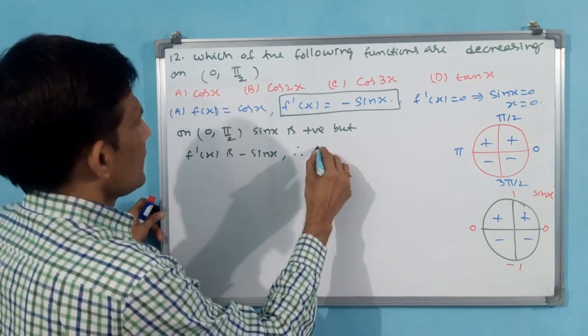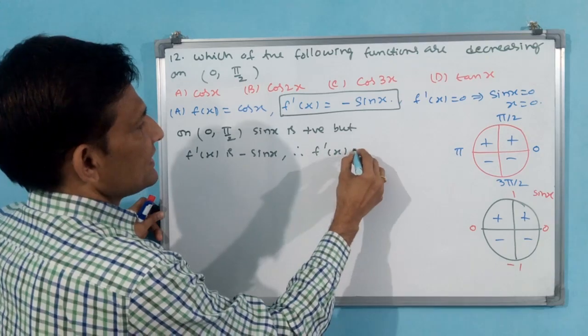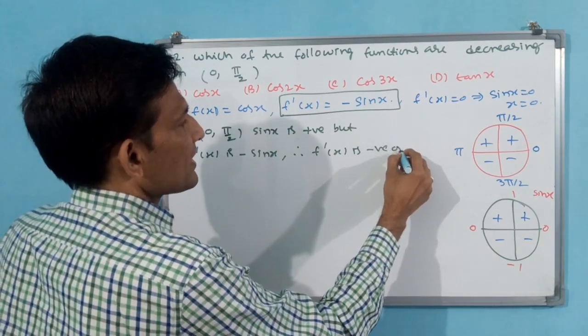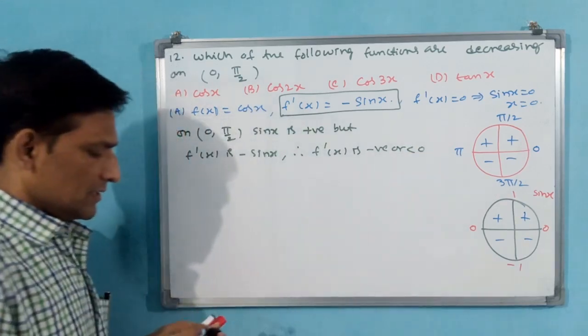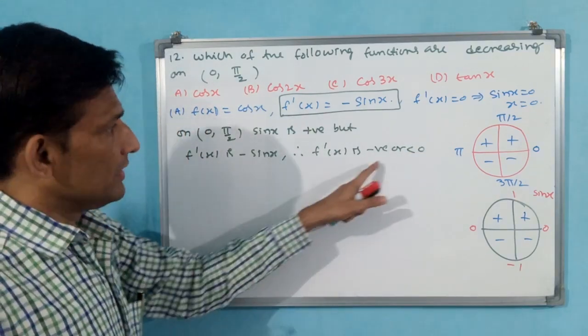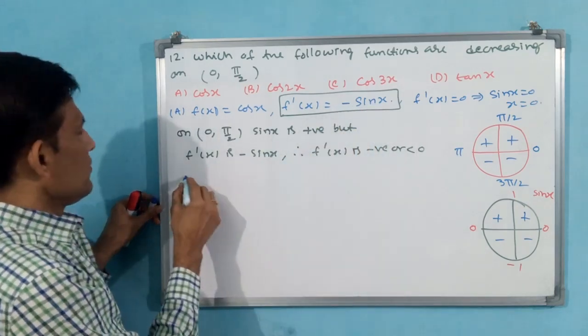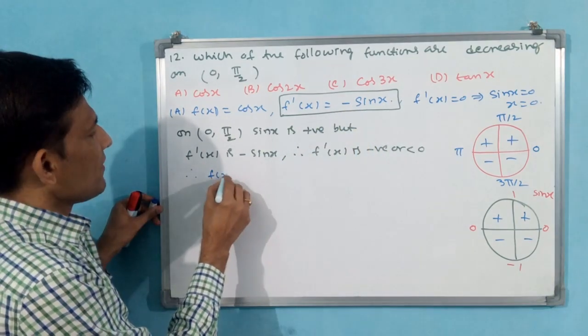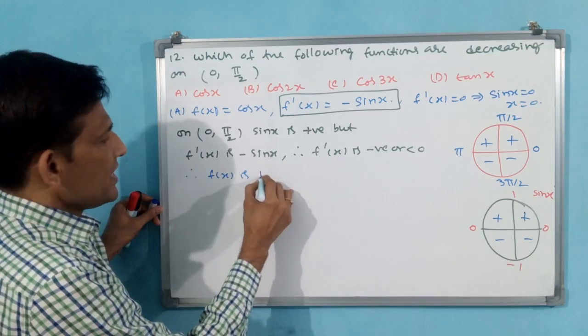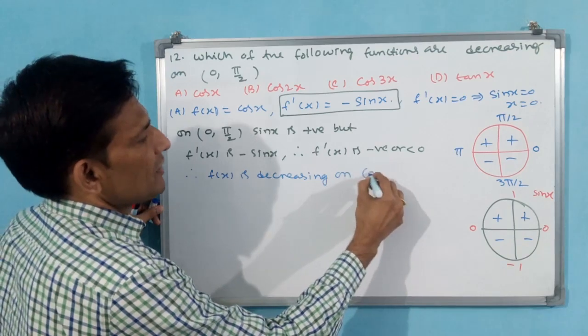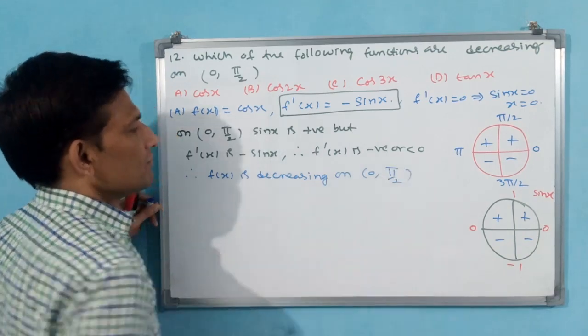Therefore, f dash x is negative, or less than 0. Actually, sin x is positive, but negative is their symbol. Therefore, f of x is decreasing on 0 to pi by 2.